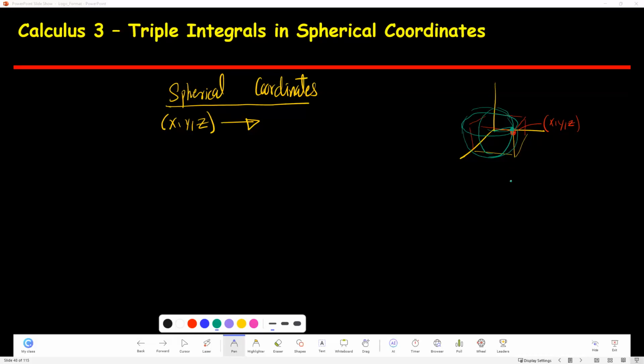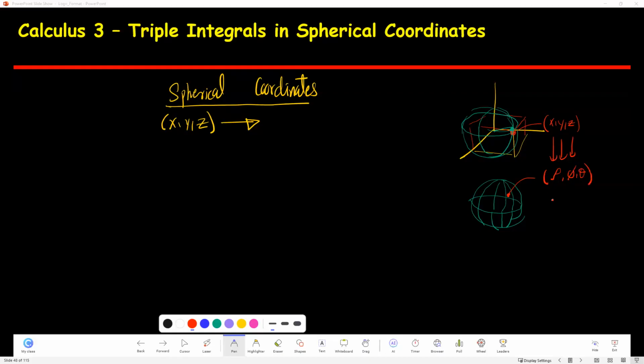So bottom line is that in a spherical coordinate system, you have a 3D sphere, and this point is on this sphere. I'm going to make the line like this just to give the feeling of a spherical line. This point is going to be replaced by these three differently: the first one is rho, then phi, then theta.